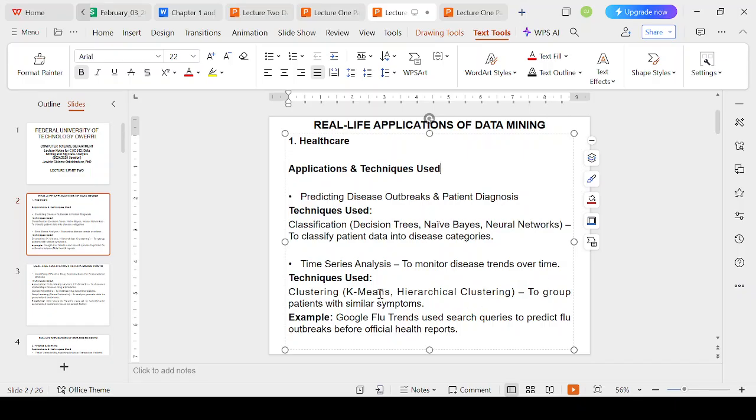You can use clustering techniques, K-means, hierarchical clustering, to group patients with similar symptoms. Example, Google Flu Trends used search queries to predict flu outbreak before official health reports.